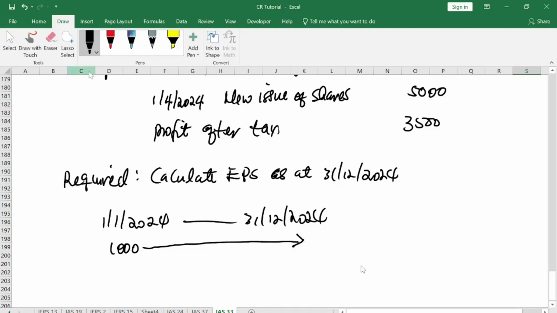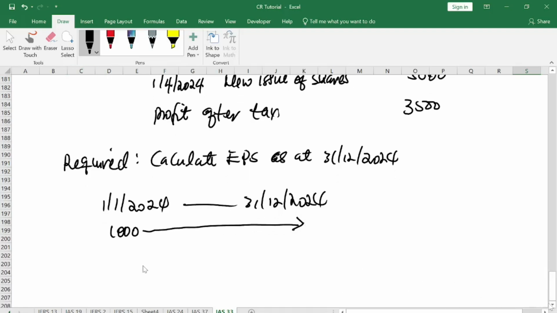The value of this share will not be the same as a share issued maybe on 1st June 2024, say 500 shares to December. You realize that the value of these shares will not be the same, because those people holding a share for 12 months will have their share more valuable than the new share that was issued in the middle of the accounting year.